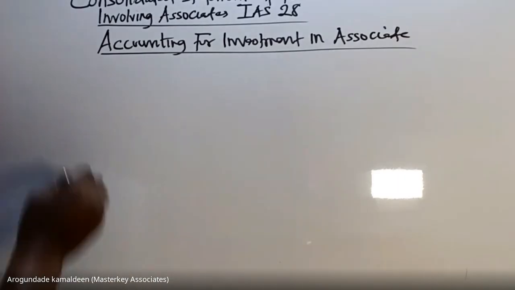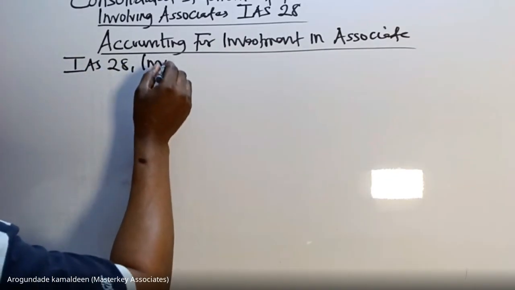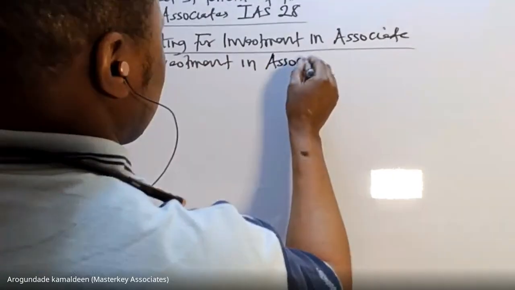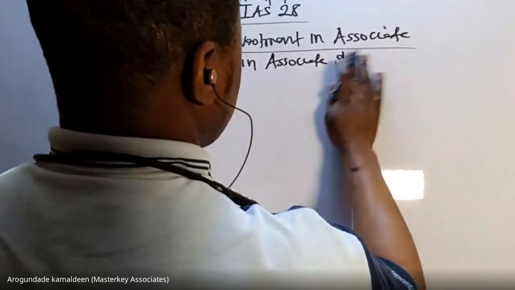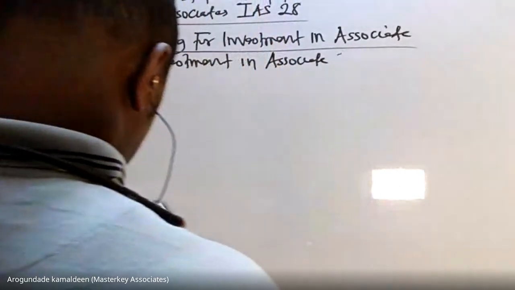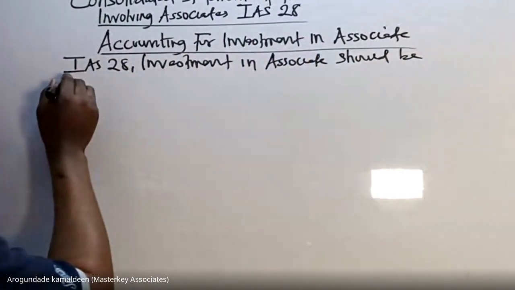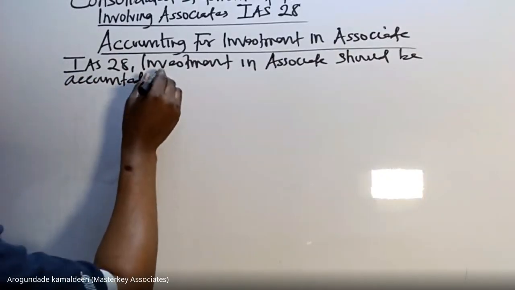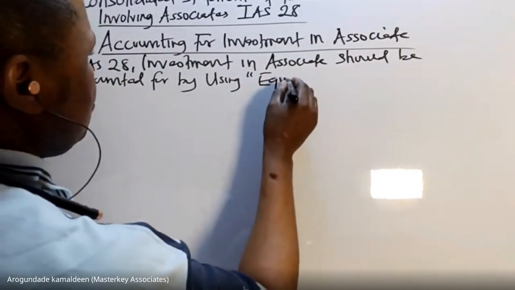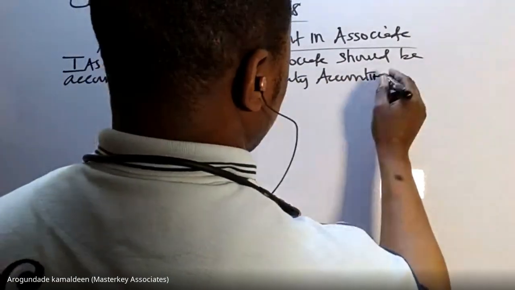So according to IAS 28, investment in associate should be accounted for by using the equity accounting method.